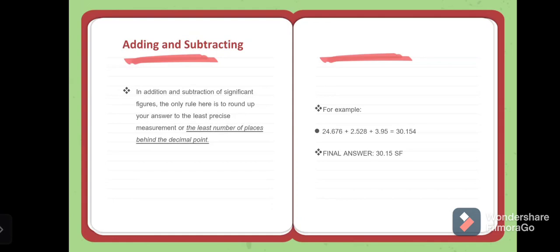The final answer here is 30.15 because, as said in the rule, 3.95 has the least number of places behind the decimal point.